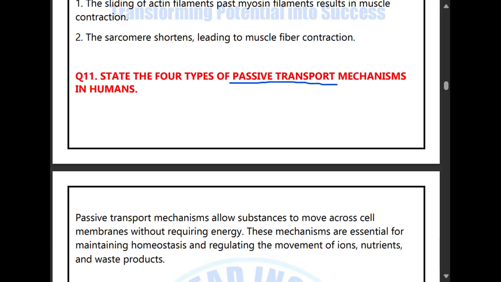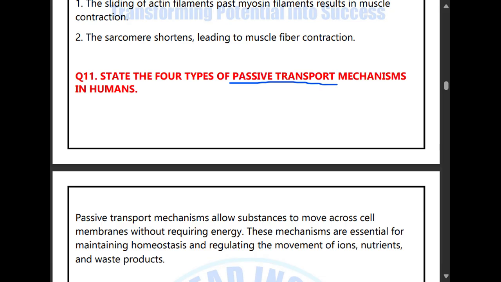Okay, someone has written diffusion, osmosis, facilitated diffusion. Those are good submissions.